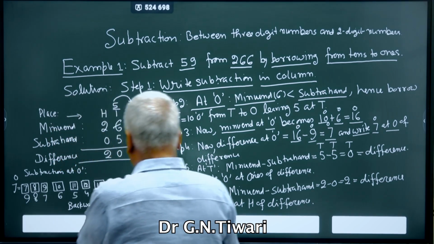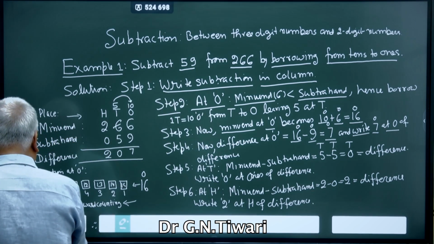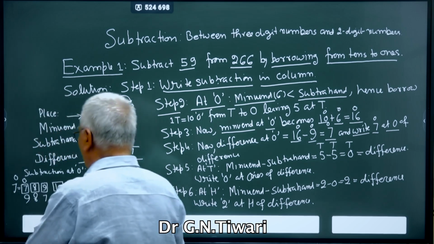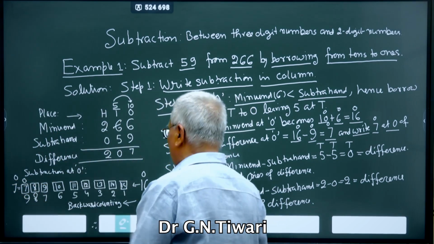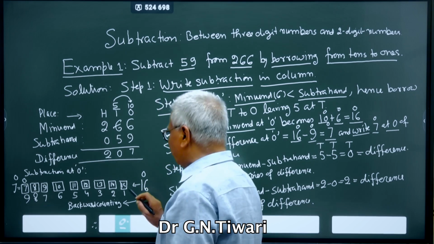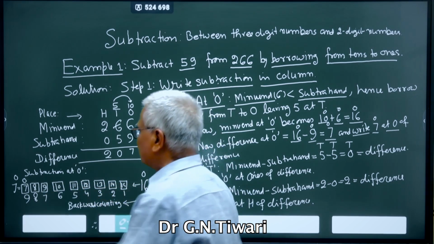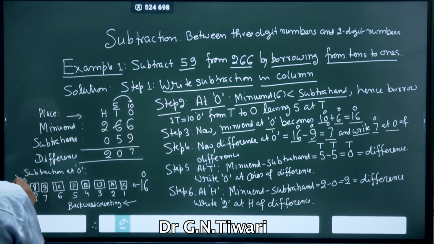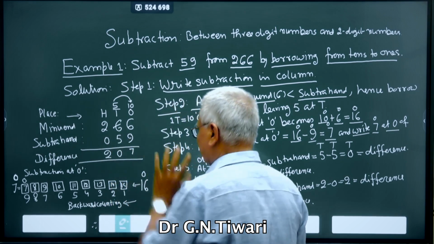That means 16 is also O, and here 9 is also O. So go backward, counting from right to left: before 16, 15, 14, 13, 12, 11, 10, 9, 8, 7. So 7 is left. You make 7 here and write this 7 below O of the difference.